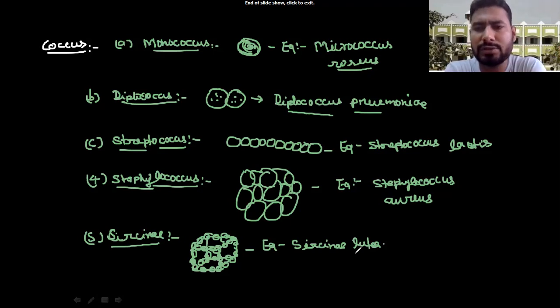Diplococcus pneumoniae, which is used in the Griffith experiment. Streptococcus, found in Streptococcus lactis. Staphylococcus, found in bunch form, and the example is Staphylococcus aureus. And Sarcina, present in a cube-like structure, the example is Sarcina lutea. So that is the overall story about coccus.